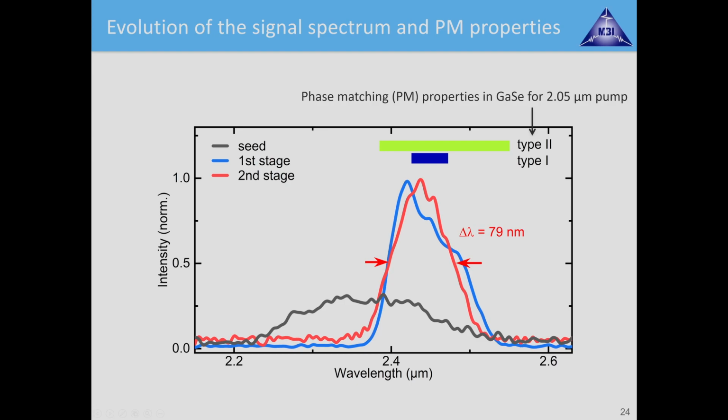These bars indicate the phase matching in gallium selenide for our 2 micrometer pump. Unfortunately, gallium selenide prohibits us from amplifying much below 2.4 micrometers, so we lose a bit of spectrum here. But still, we have a spectrum with 79 nanometers, which is broad enough for our application.